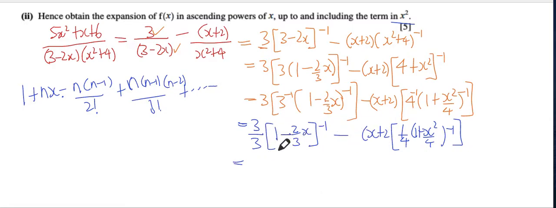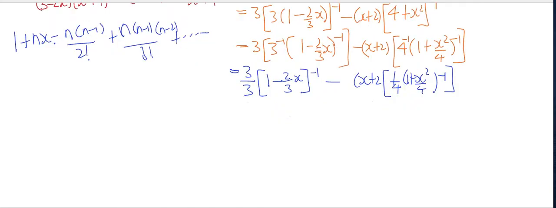So this will be 1 plus x, and your n is negative 1. I'm going to look at the expansions separately. First I'm going to expand this, and then we'll expand the other separately and multiply them. Okay, so let's look at the first part, 1 minus 2 over 3 x.